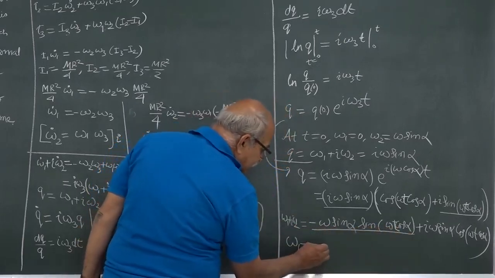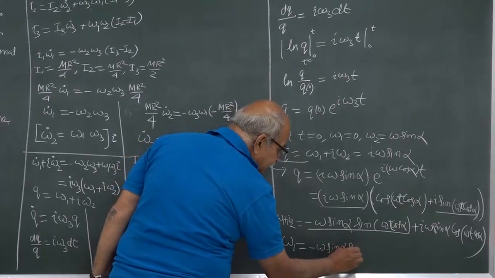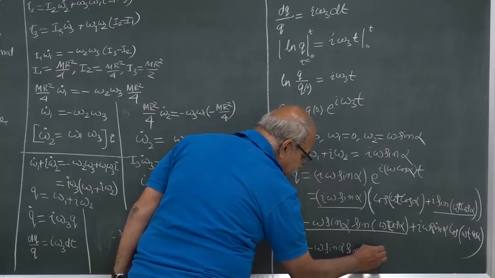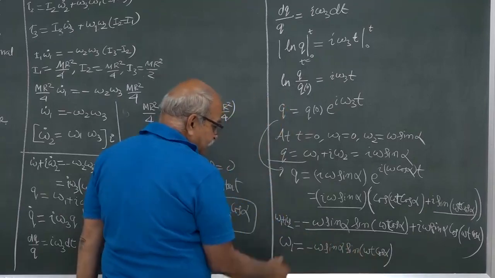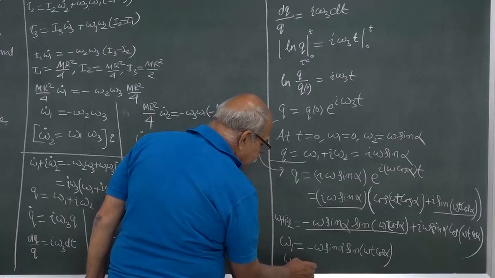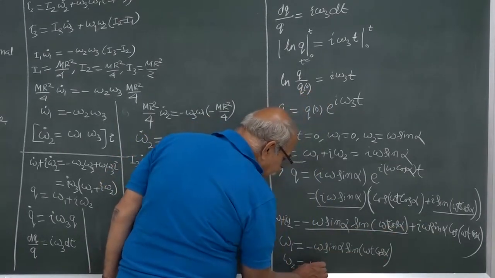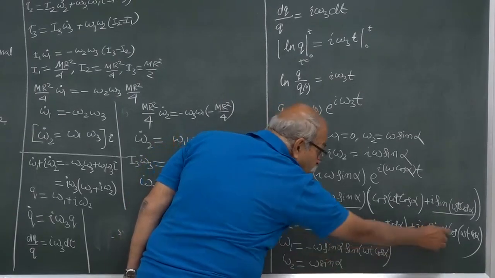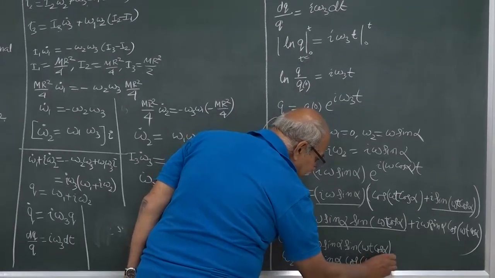So, omega 1 is minus omega sine alpha times sine of omega cos alpha times t, and omega 2 is the imaginary part, which is here, omega sine alpha times cos of omega t cos alpha.